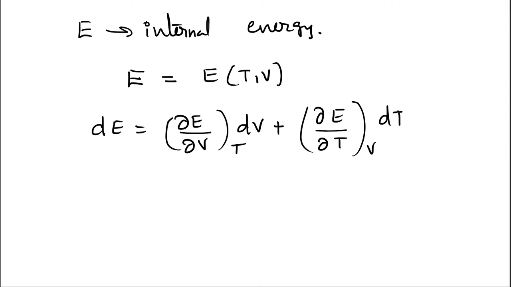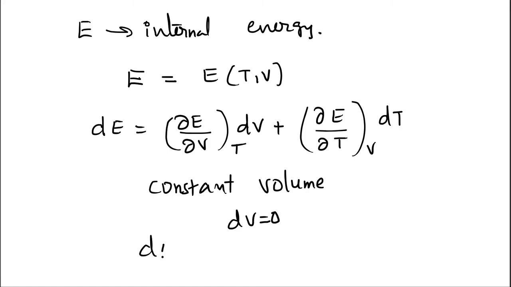And if we do this process at constant volume, then dV equal to 0. Then what does it become? dE equal to dou E over dou T at constant volume times dT. We already know that is Cv dT. This relation we already know.